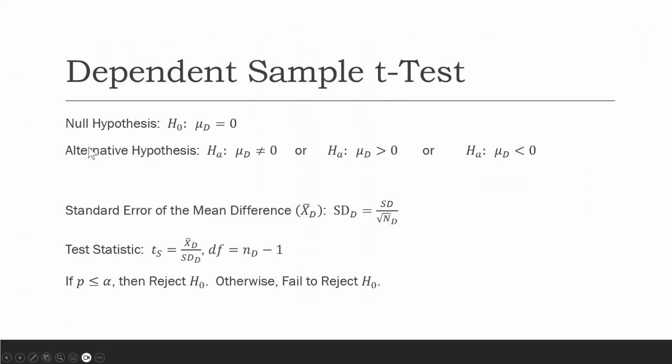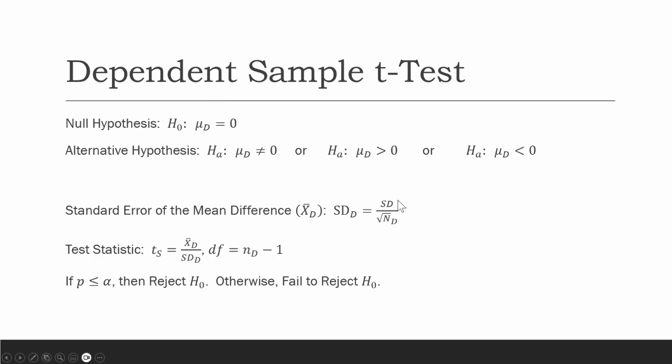All right. In order to gather evidence for our null and for our hypothesis test, we're going to need our sampling distribution and our test statistic, and we can use that test statistic to get our p-value, right? And so x bar sub d, based off of the last slide, is our point estimate. Our standard error of the mean difference, x bar sub d, is given by this notation here, s sub d over the square root of n sub d.